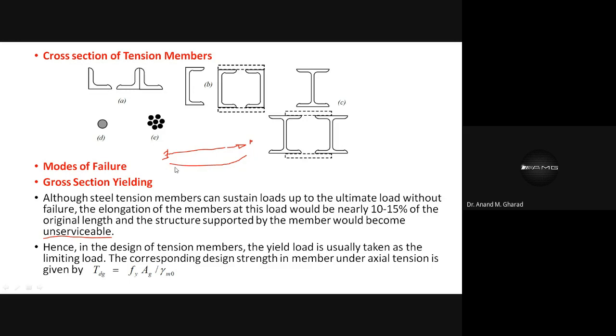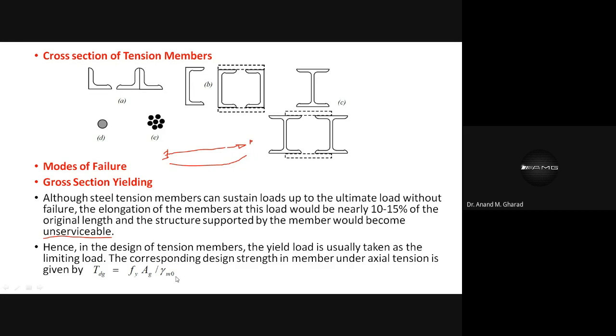So, as far as the design concept is concerned, your IS code suggests that the yield load is to be taken as the limiting load. Based on this concept, the formulation proposed in your IS 800 2007 is like this: Tdg is equal to yield stress times the gross area of the cross section, divided by gamma m0.